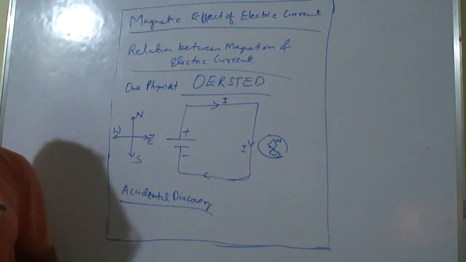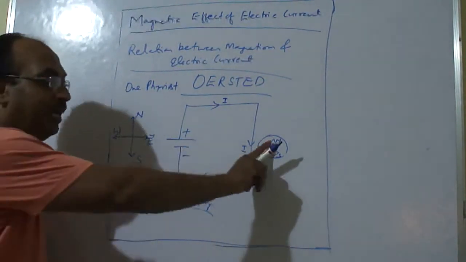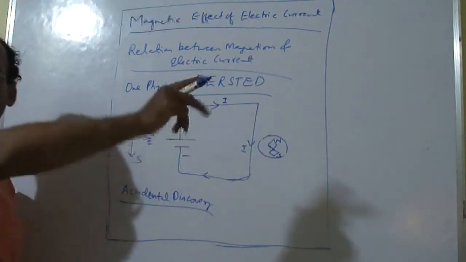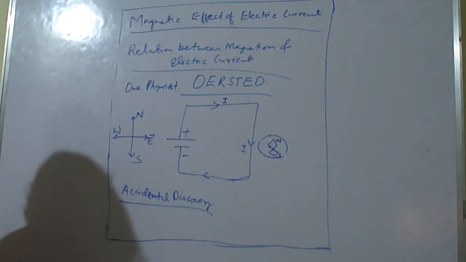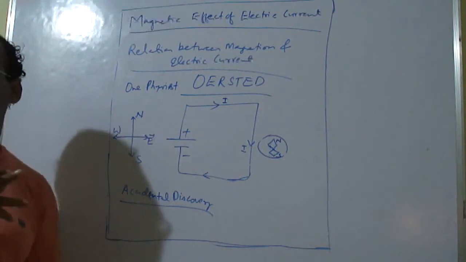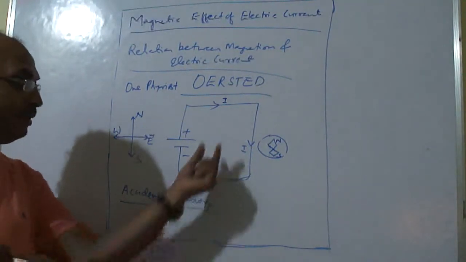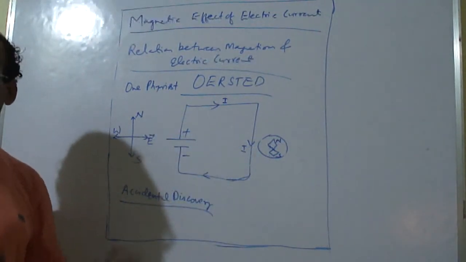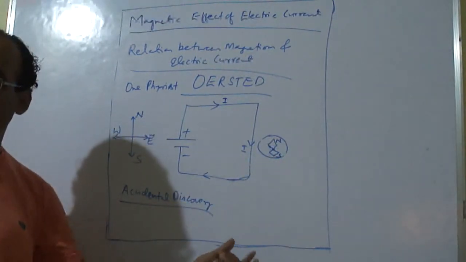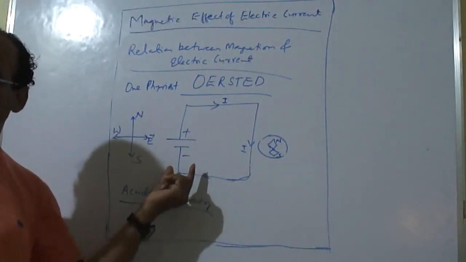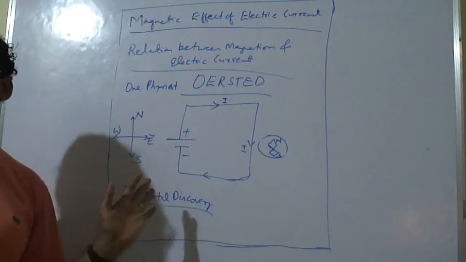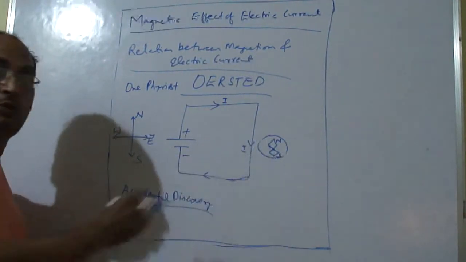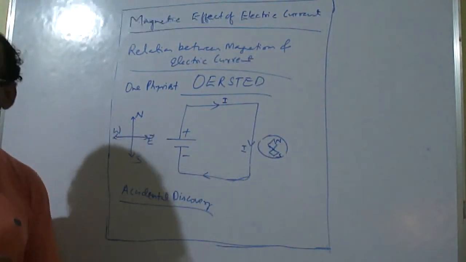Deflection means that the compass needle has moved, either east or west, whatever it is. That deflection is due to the presence of current. When the compass is taken away from the current carrying wire, it is again normal, with no deflection. When it is brought near to the current carrying wire, it shows some deflection.